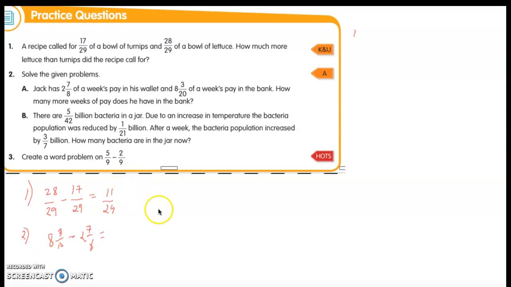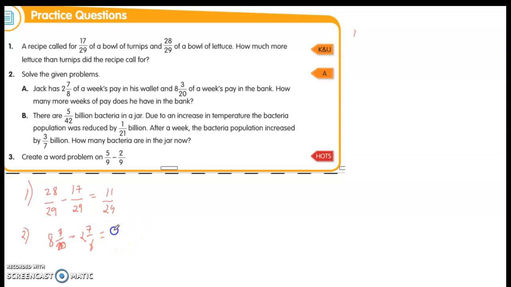So we need to subtract 2 and 7 over 8 from 8 and 3 over 20. So again, the LCD of 20 and 8 is 40.